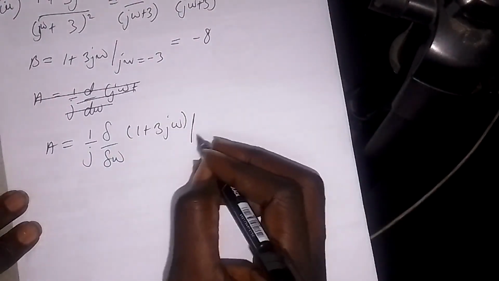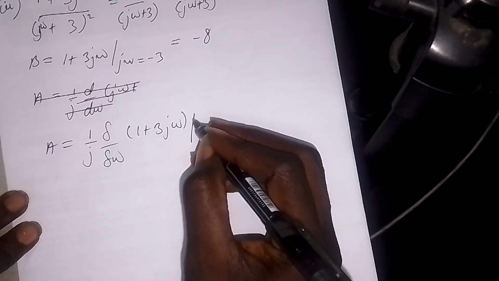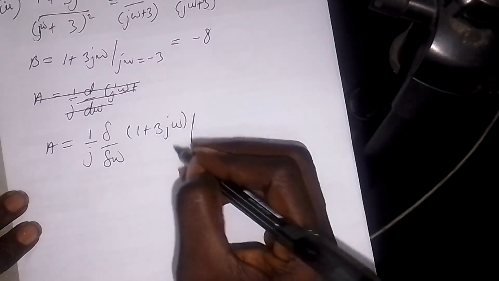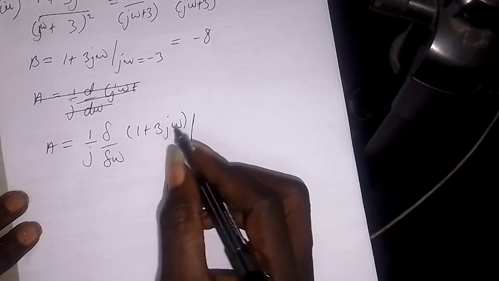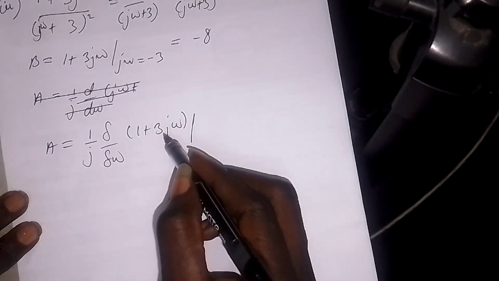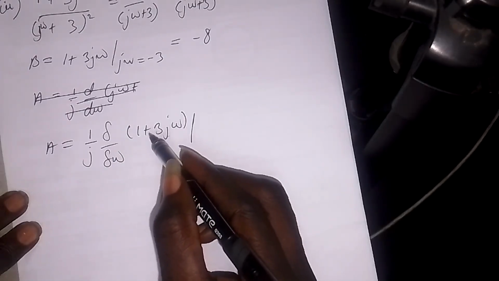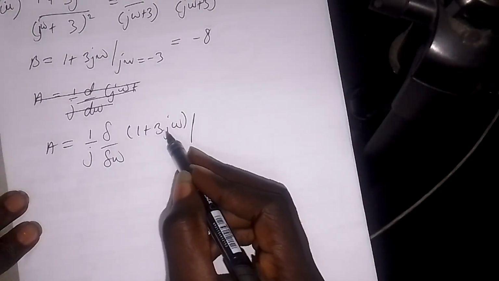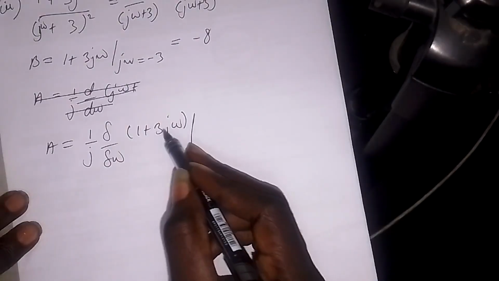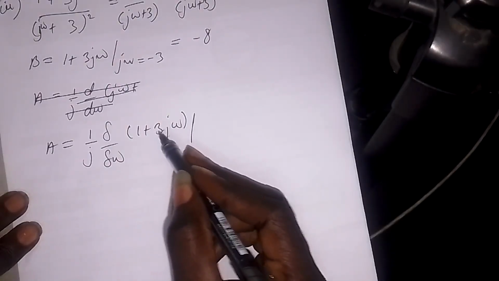So now integrating this part, I will have 1 plus, and integrating this one is going to be very easy. I'm integrating with respect to omega, so I'm just going to have 3j.